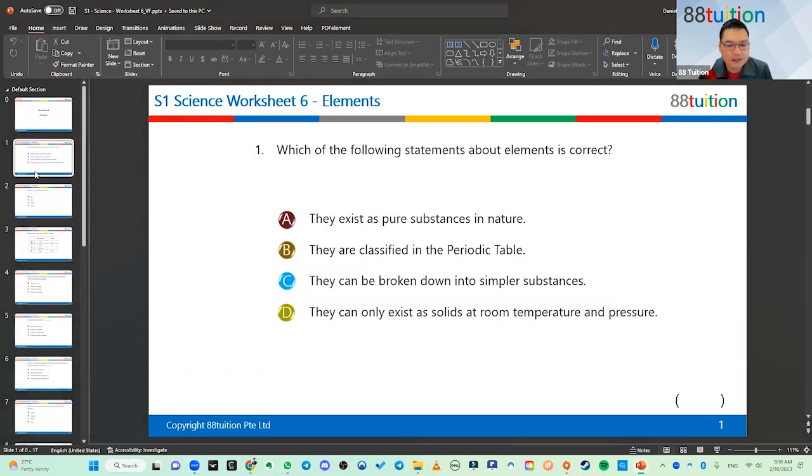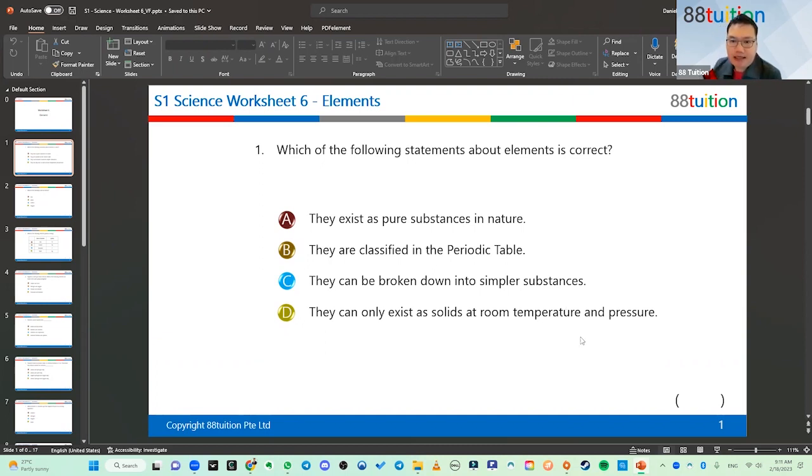Now statement C. Hei Yin, can you read statement C for us? They can be broken down into simpler substances. Is this true? Is it correct? You think it's correct?